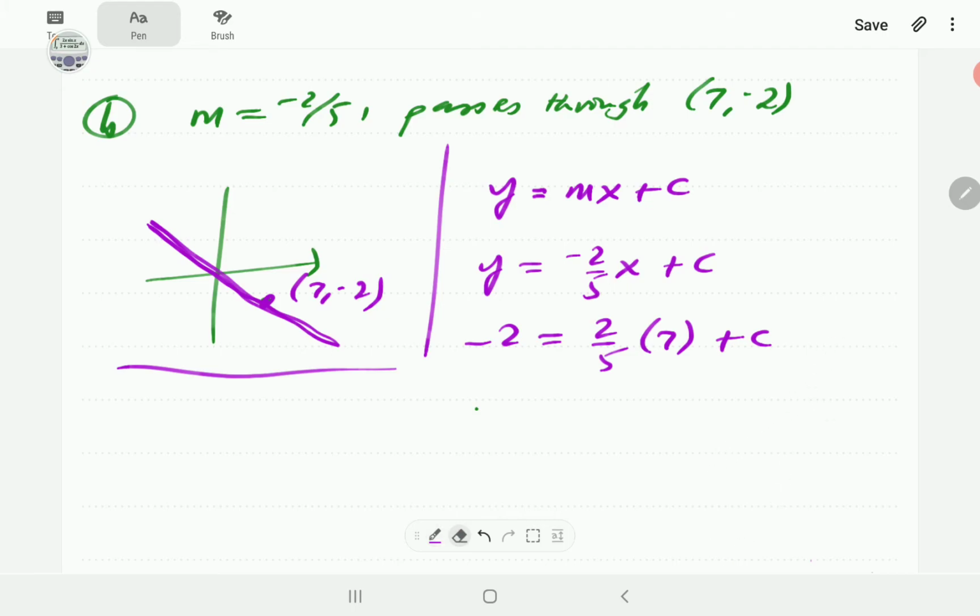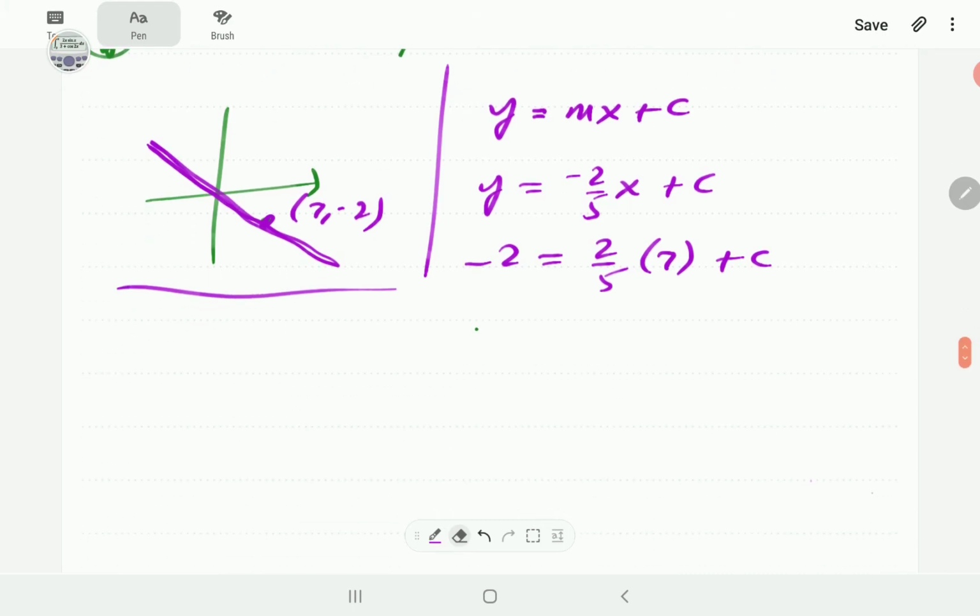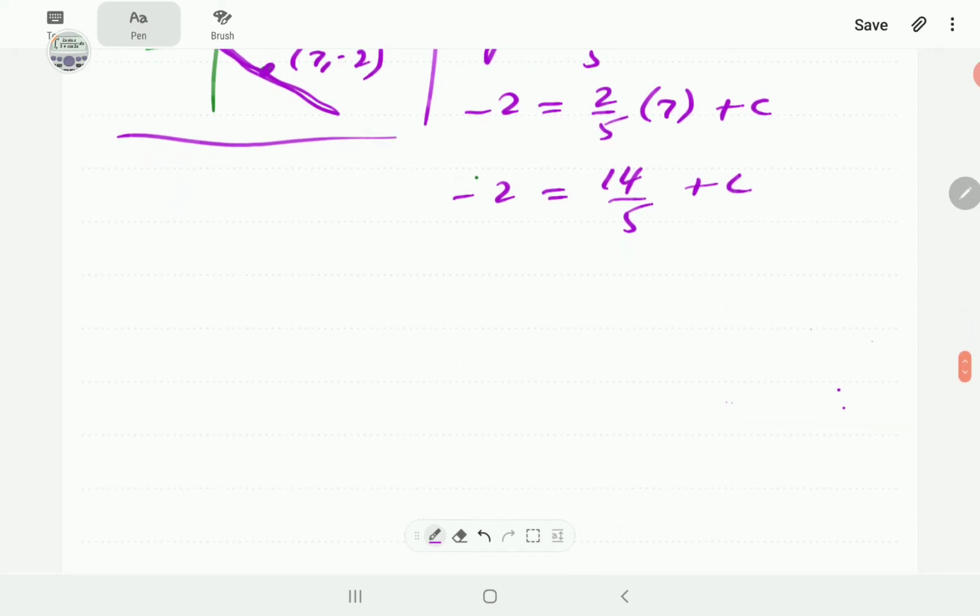So this is going to be a bit involving because of the fractions. So we have got minus 2. 2 times 7 is 14. Going to have 14 over 5 plus c. So this is telling us that c is going to be minus 2 minus 14 over 5.